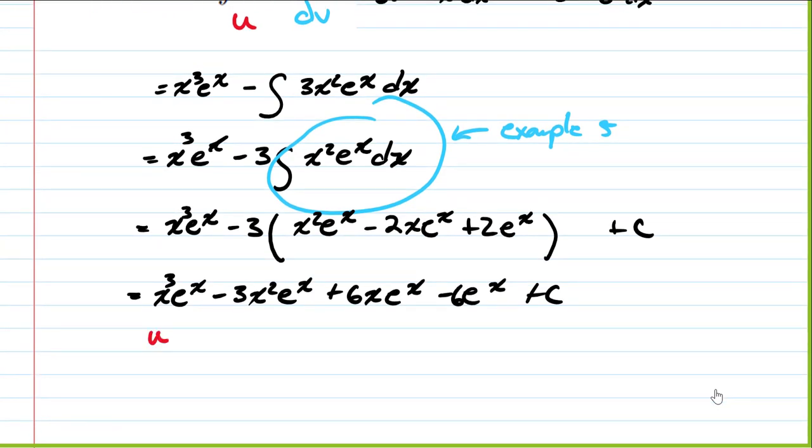So x cubed is u, 3x squared is u prime, 6x is u double prime, and 6 is u triple prime, right?